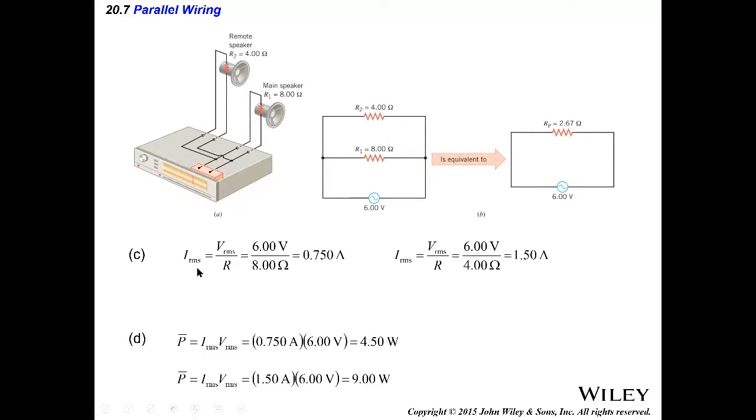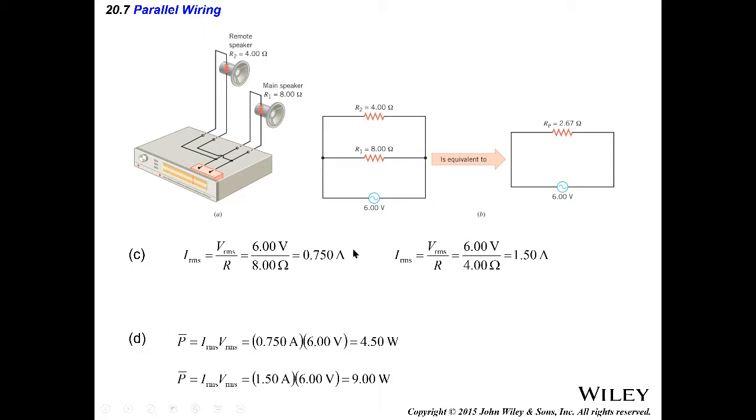And you want to know what is the current that actually flows through the 8 ohm speaker. Well, it is 6 volts, because that is the overall 6 volts, divided by 8, which is 0.75 amps. And through the other one, it is 1.5.